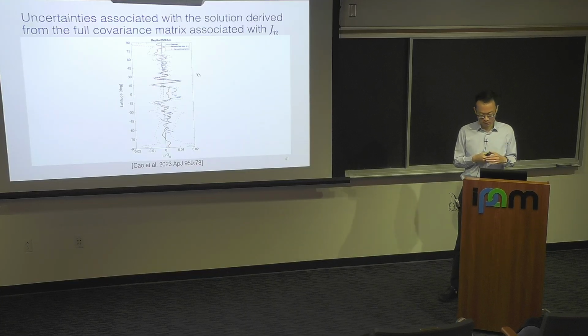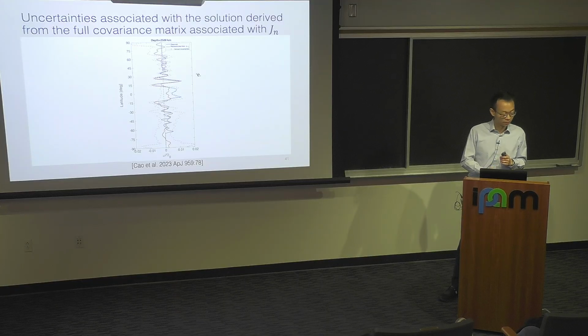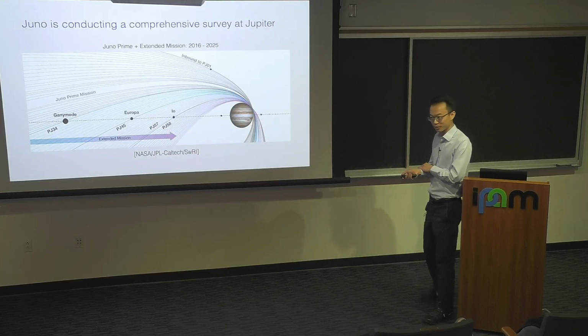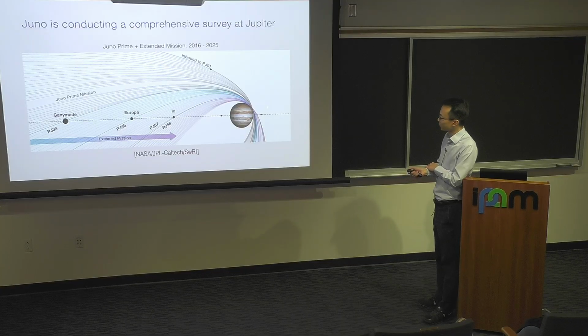J1 is just the center of mass location. I remember the precession orbit you showed before, it only probed the northern hemisphere. Yeah, so that's actually the reason why we have worse precision in the southern hemisphere compared to the northern hemisphere, right?